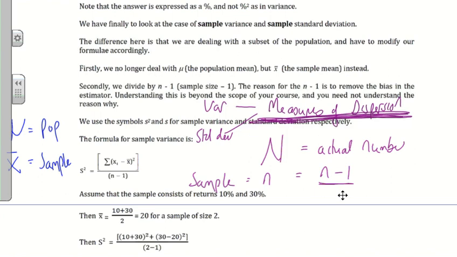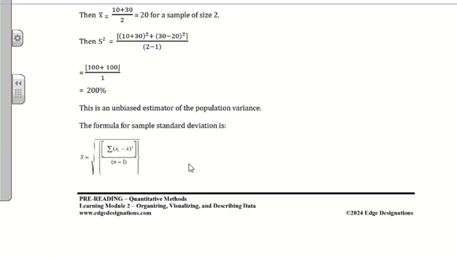Don't go too much into detail. You don't really need to understand why. It removes the bias from the estimator. If that's of interest to you, those are much more detailed statistical topics. Come and join us in FRM. Can everyone see it? We're trying to remove the bias in the estimator.